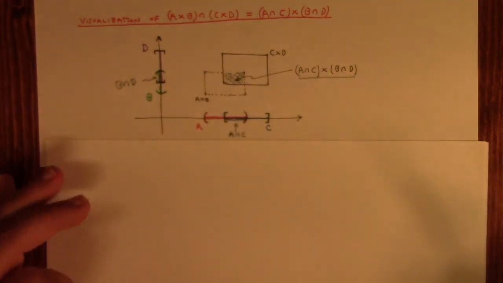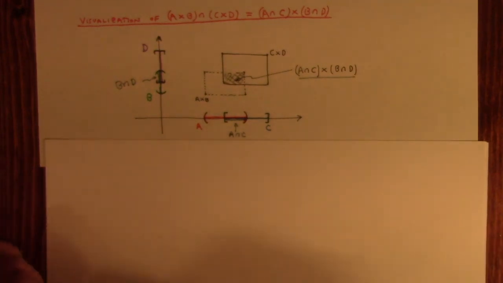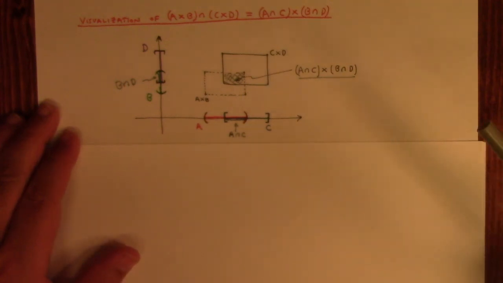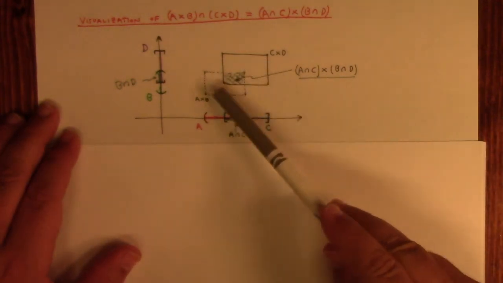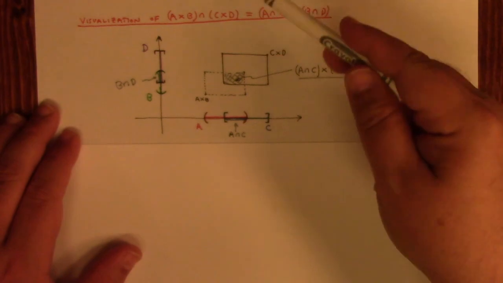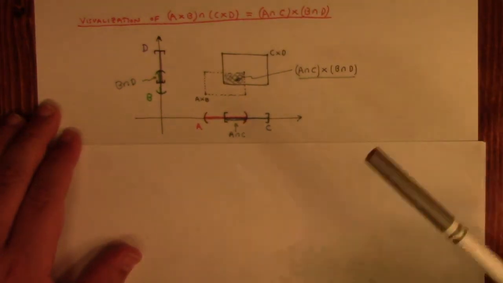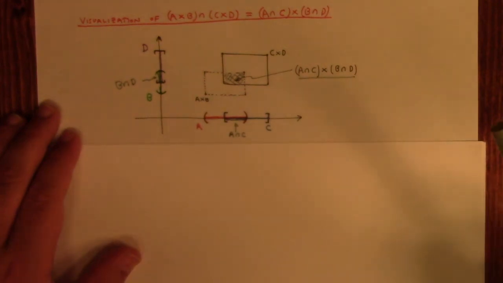This is just one possible scenario, a plausibility picture. It's not a proof, because there are a lot of different cases not present in my picture. It could be like the previous one where they're disjoint, and there are other logical possibilities for the picture that are not covered here. So this is not a proof.